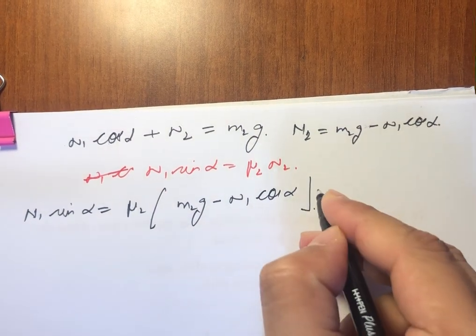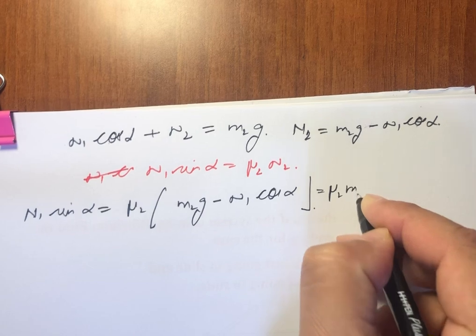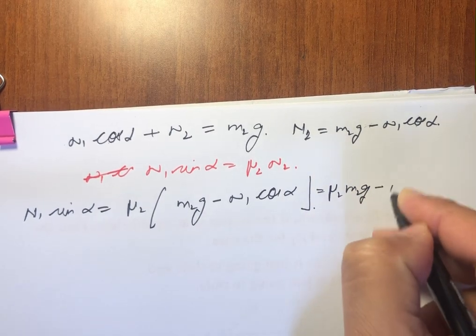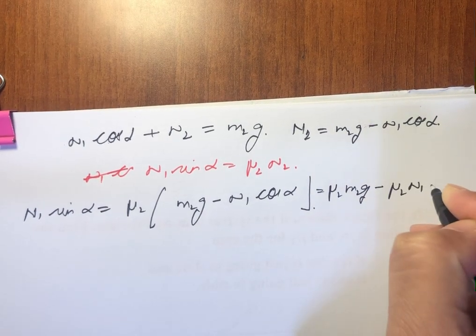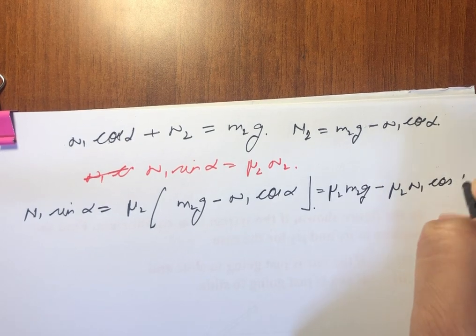Open the bracket, we get this is mu2 m2g minus mu2 n1 cos alpha.